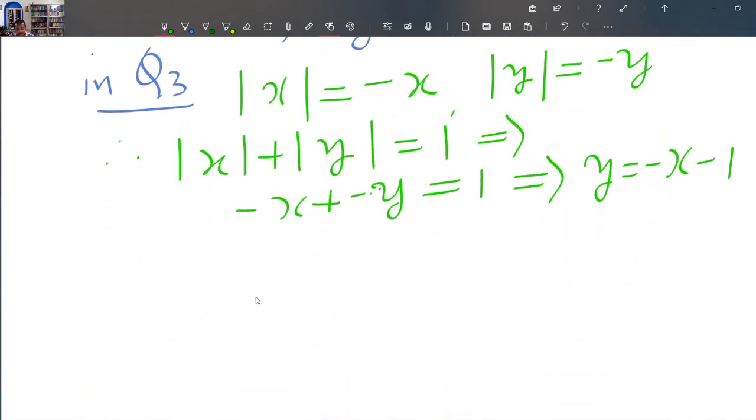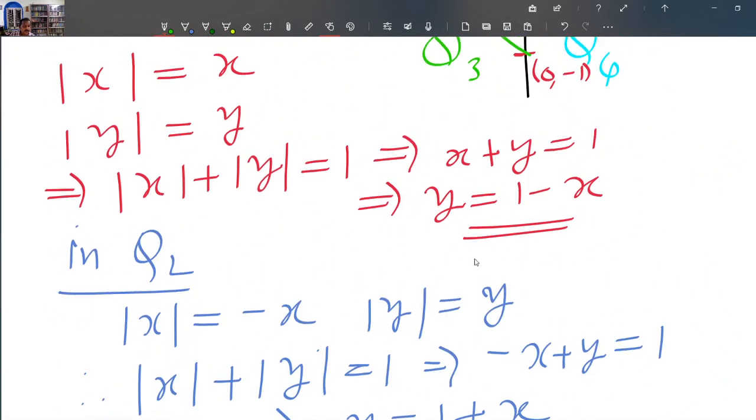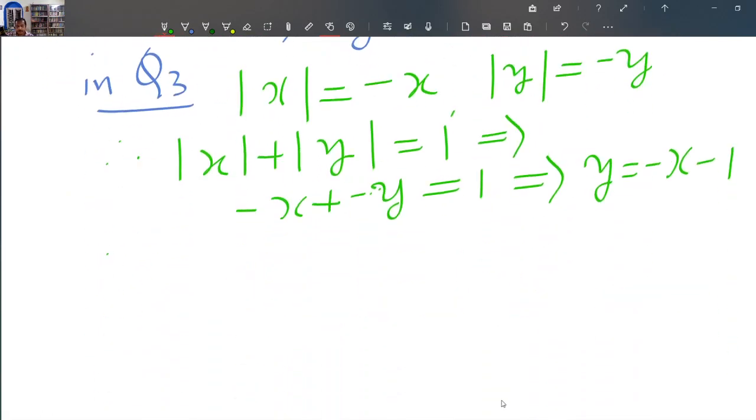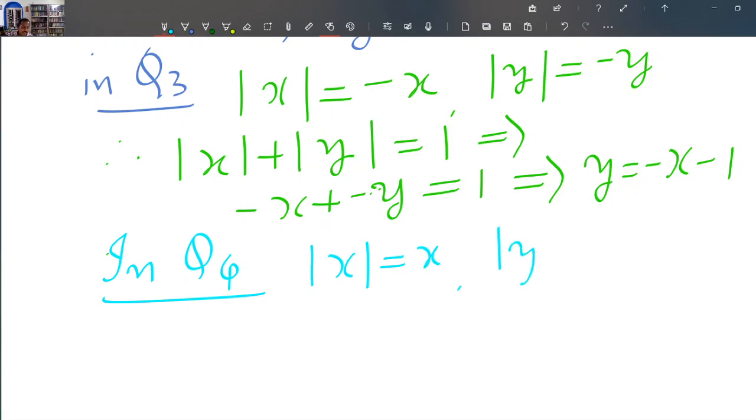And in Q4, the fourth quadrant, you have modulus of x is x itself and modulus of y is minus y.